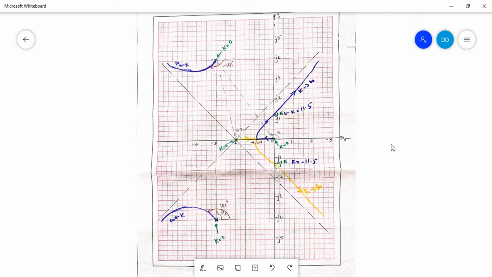Similarly, with an angle of plus 141 degrees, we have to mark the branch which starts from minus 3 minus j4 and it travels to infinity at an angle of 225 degrees.